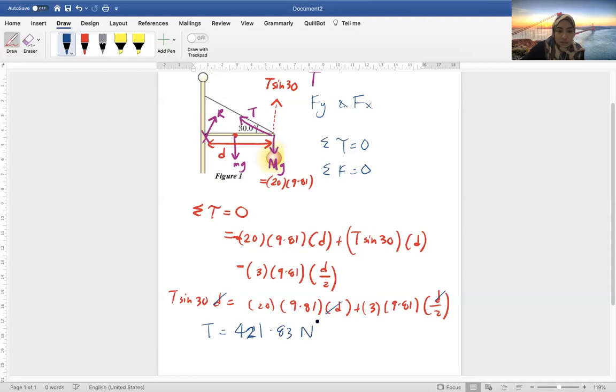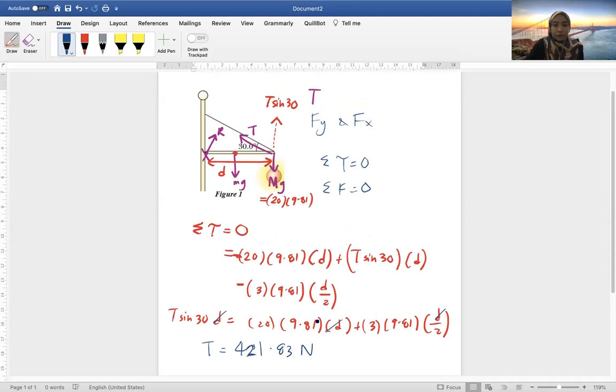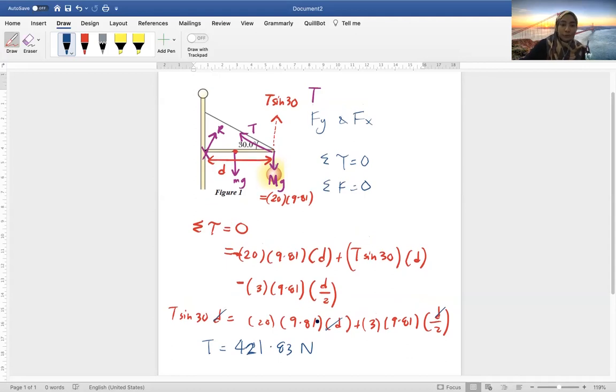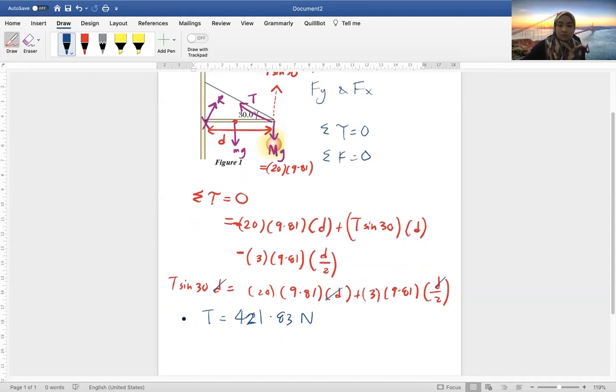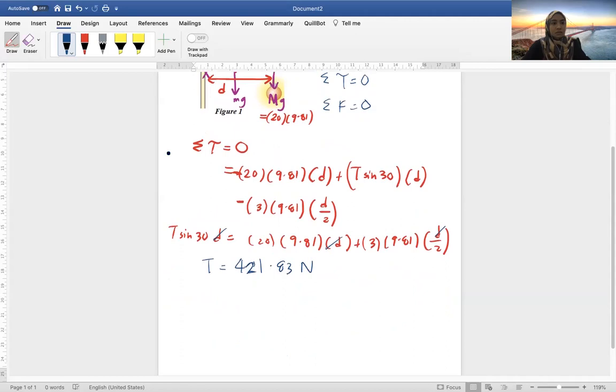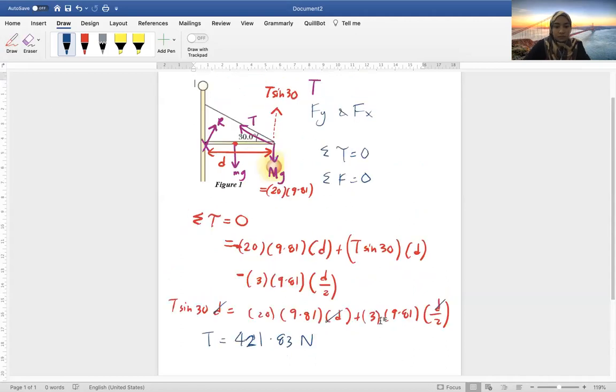Did everyone get this as well? Yes. Okay, so T is 41.83. Now we have solved for tension using the torque equation. So now let's move on to our F net equals 0. Okay, let's insert a page.